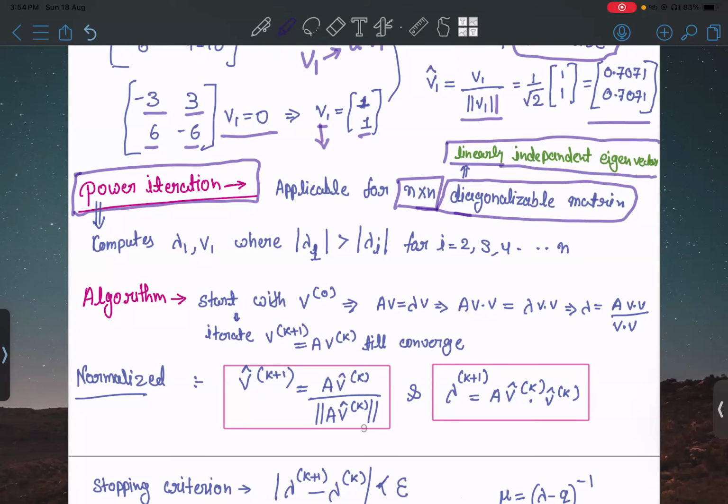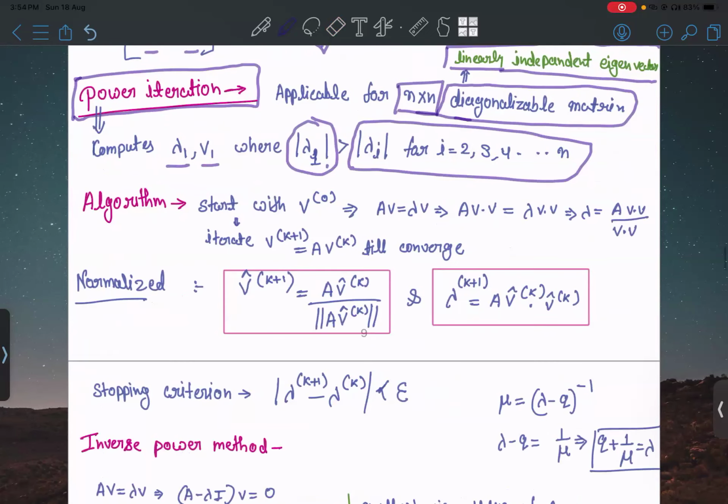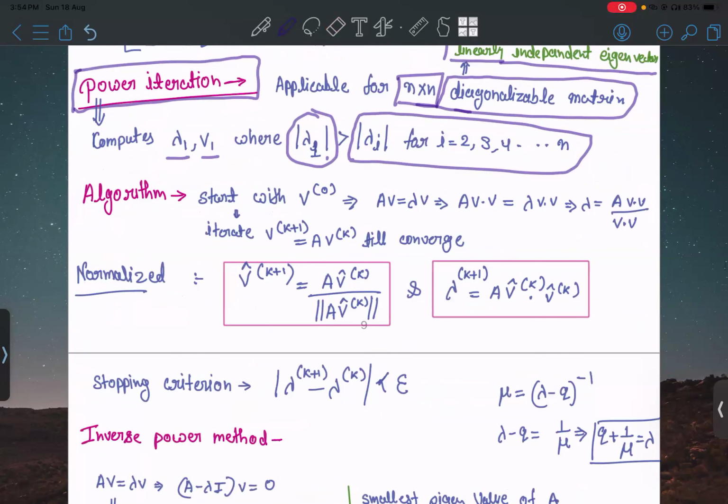Then I can compute lambda 1 and v1, where lambda 1 is the dominant eigenvalue. Dominant eigenvalue means its absolute value is greater than the absolute values of the other eigenvalues. It will be the maximum in absolute sense.